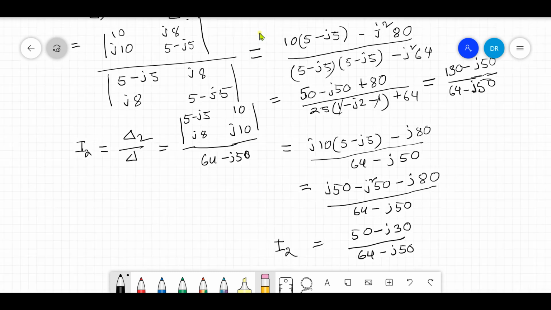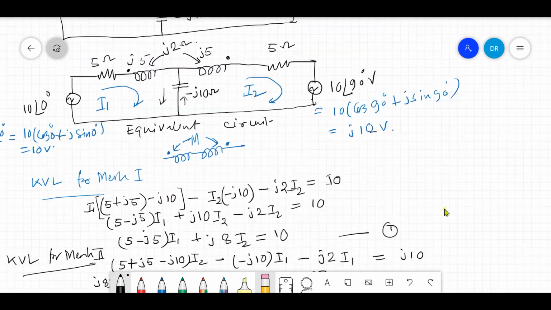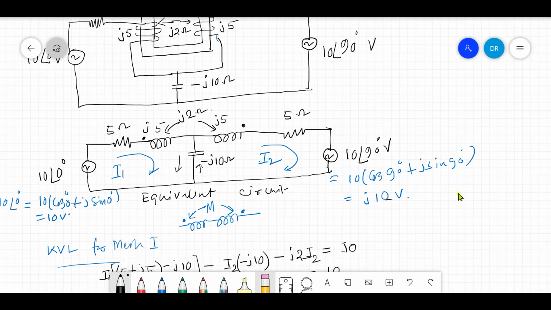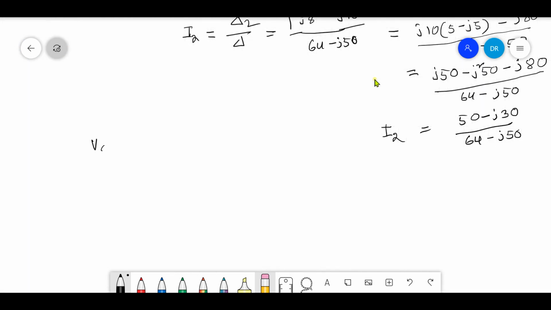So we can see this way we can find the values of I1 and I2. Whenever solving this type of calculation, do it sincerely.